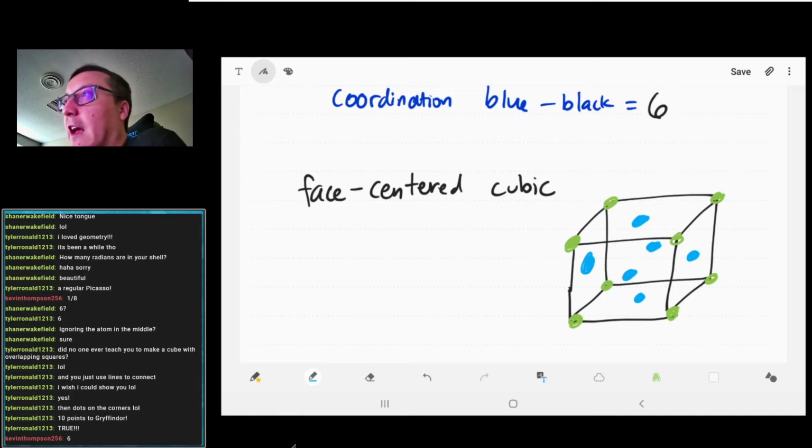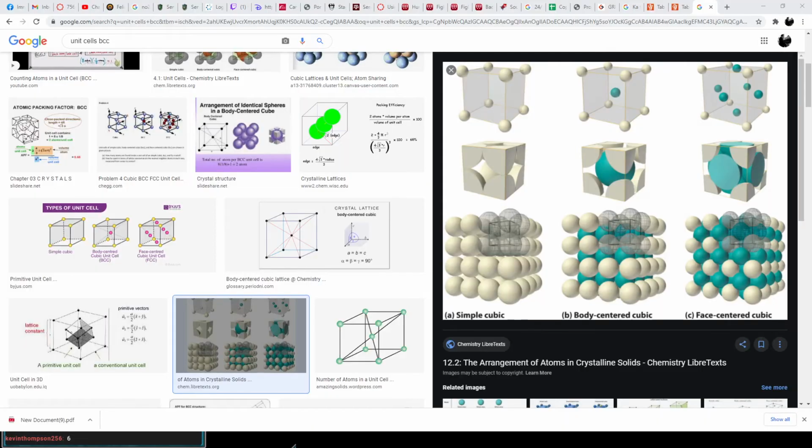So we have atoms on all of the corners, all the lattice points, and we also have an atom that is right in the middle of the faces of the cell. So if we switch back to Google real quick, for face-centered cubic, we can see here that we have half of an atom, because half of it is going to be in the wall of one unit cell, and then the other half is going to be in the next unit cell.